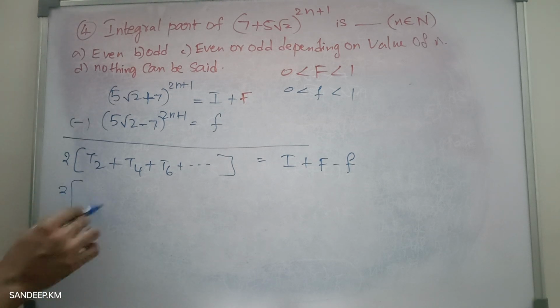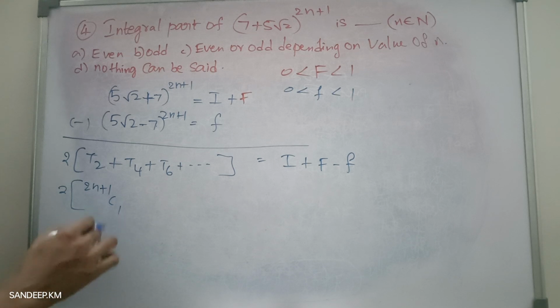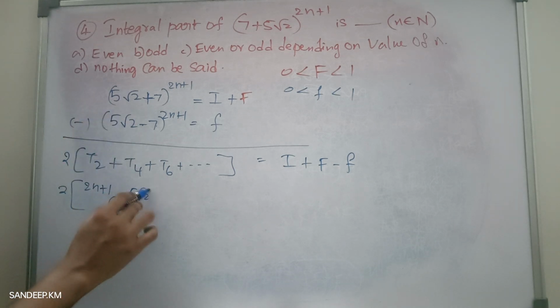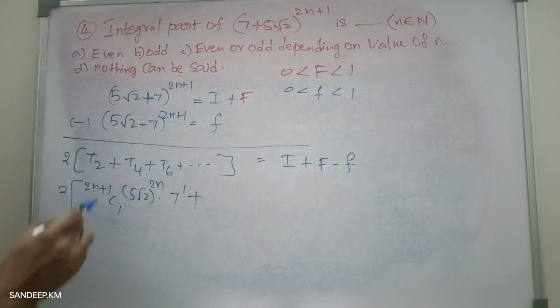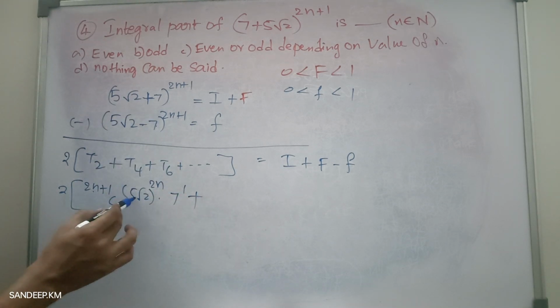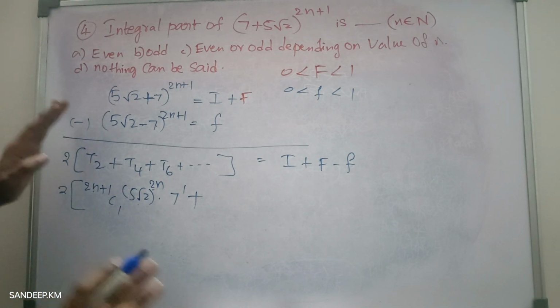So 2 times, the second term is what? 2n+1 C1 into the first term power 2n, into second term power 1. Now dear students, please observe, the square root has an even power, so the square root and square will get cancelled. That means we have to subtract only.